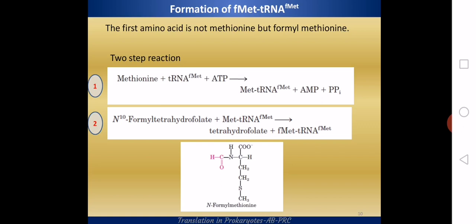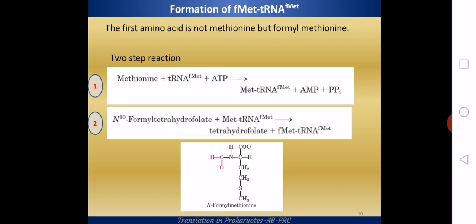And how is this formyl-methionine formed? The formation of fMet-tRNA fMet is again a two-step process. In the first stage, methionine, the normal amino acid, interacts with the tRNA fMet, as we have already seen. That means there is a normal charging reaction to get methionyl-tRNA fMet with the consumption of energy.